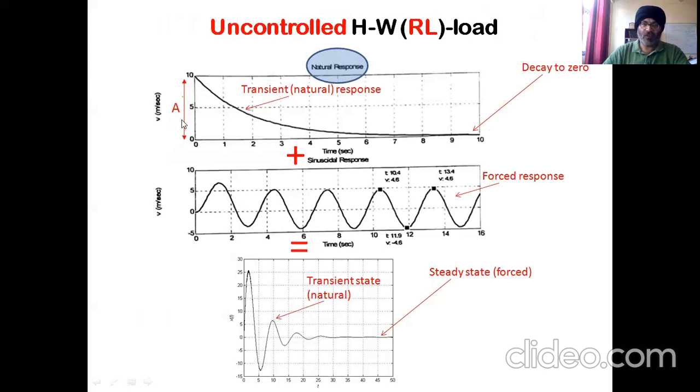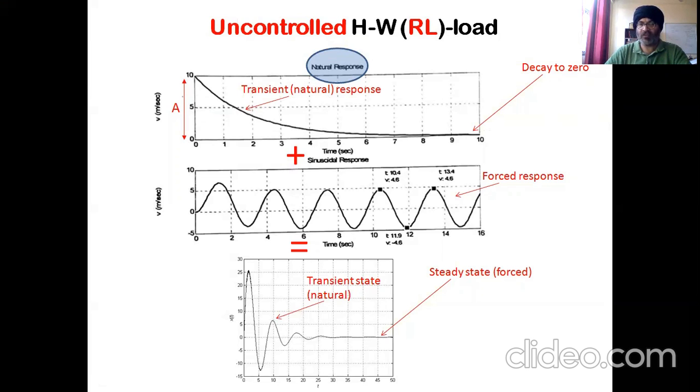Graphically, what I just explained: this is the transient behavior, decaying from the maximum value reached for the inductor current, slowly decaying to 0 like this. This is the transient response, which is natural, due to the physical phenomena.